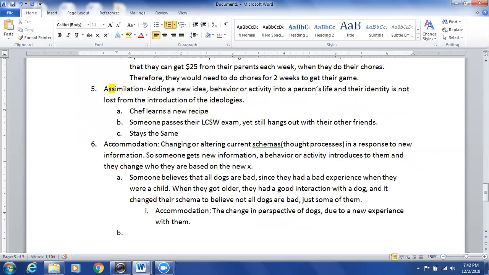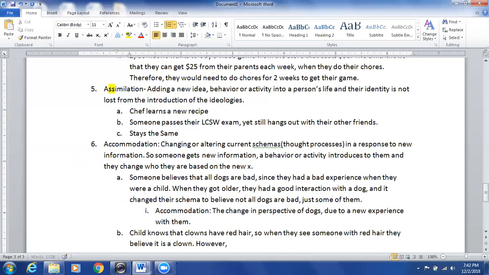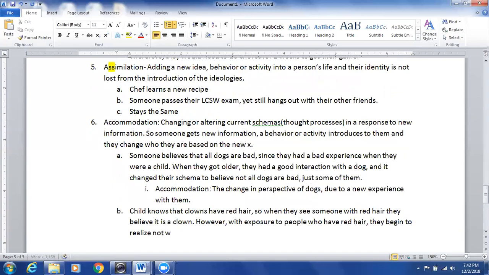And another example, a child knows that clowns have red hair. So when they see someone with red hair, they believe it is a clown. However, with exposure to people who have red hair, they begin to realize not everyone with red hair is a clown.